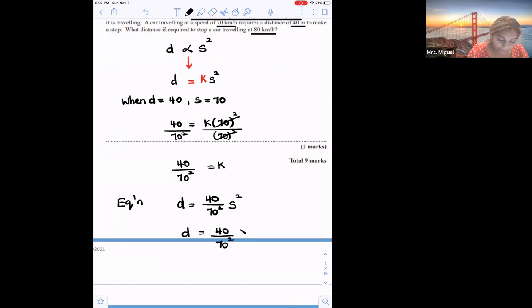70 squared by 80 squared. In your calculator, 40 divided by 70 squared multiplied by 80 squared. And I want the answer to one decimal place, please.